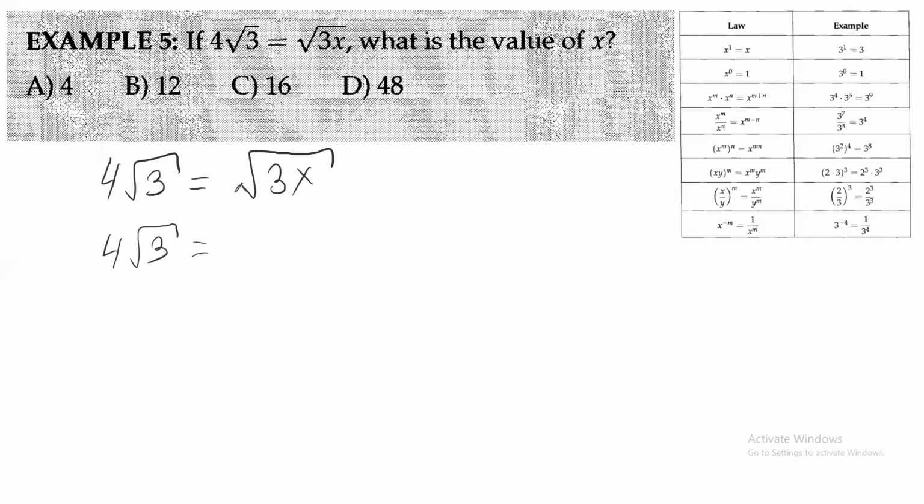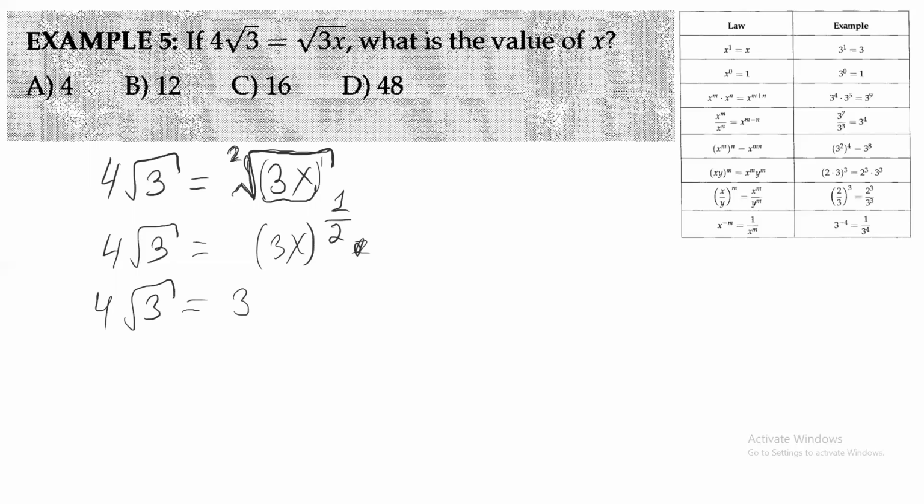Our number will be 3x, and in the numerator we have an invisible 1 here, and we have an invisible 2 here. If the root doesn't have any power, then it means we have an invisible 2. So this term over here can be divided into 2 parts.